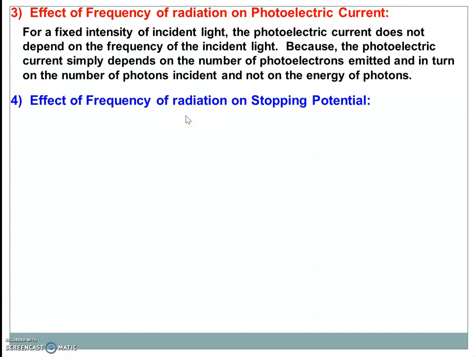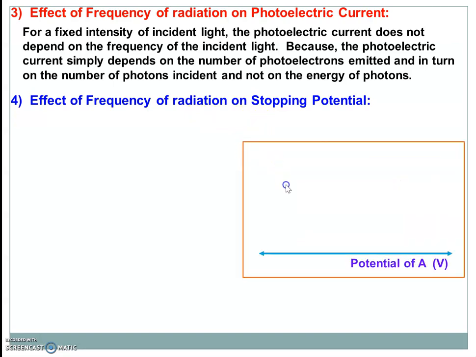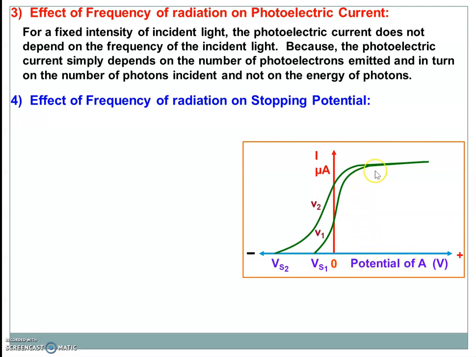Next thing is the dependence of stopping potential on frequency of radiation. For this, we have to draw a curve between potential and photoelectric current. We all know that on increasing potential of anode, we reach a saturation state where maximum current passes through the microammeter.